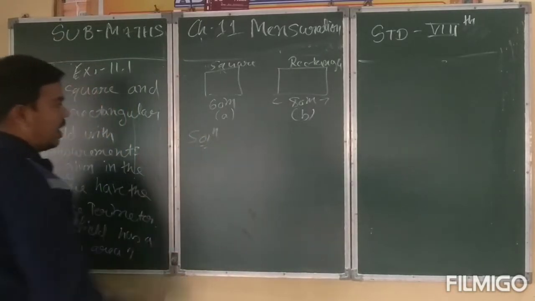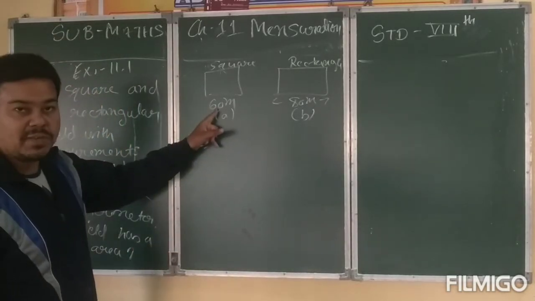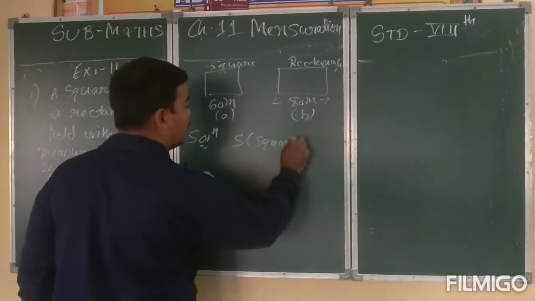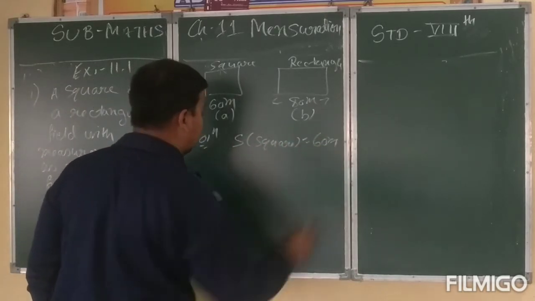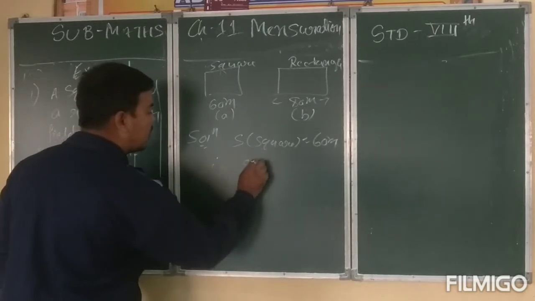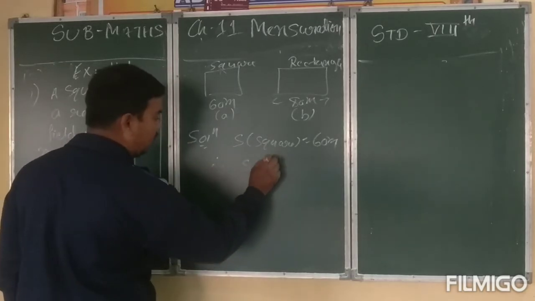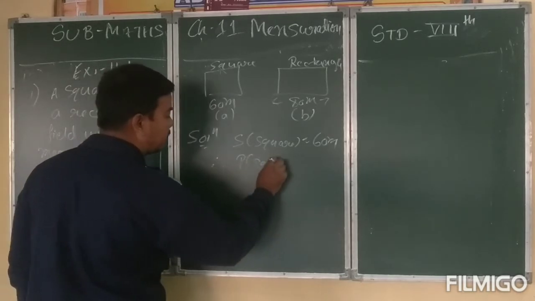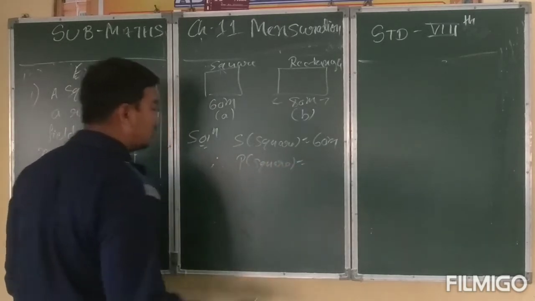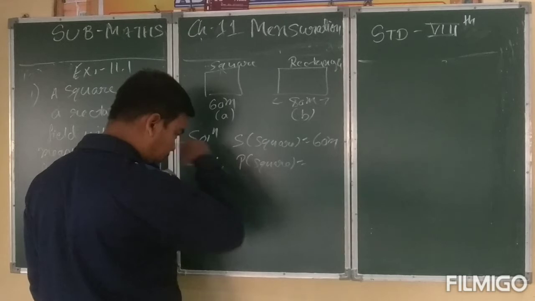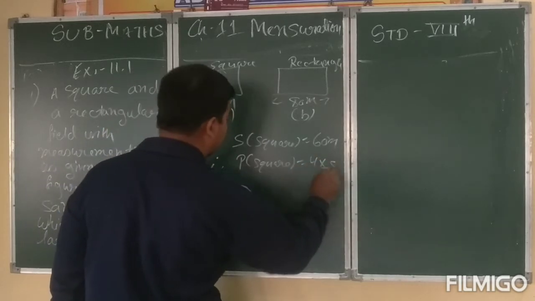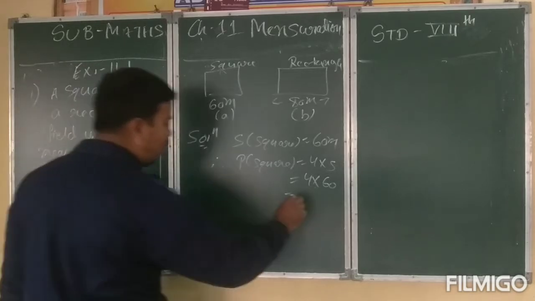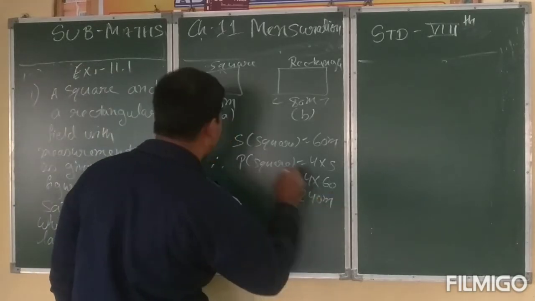First, the side of the square is given as 60 meter. The perimeter of the square is 4 into side, means 4 into 60, which is 240 meter.